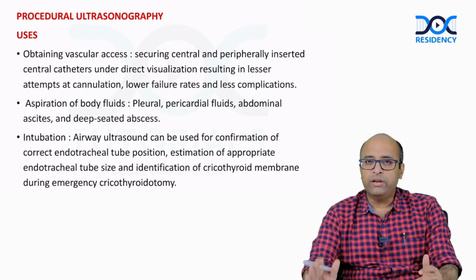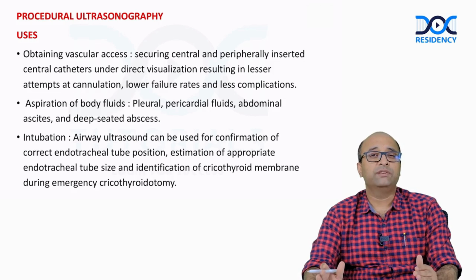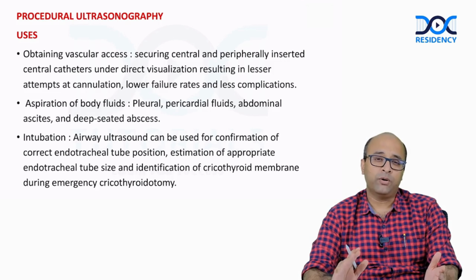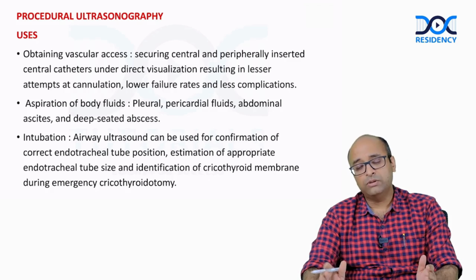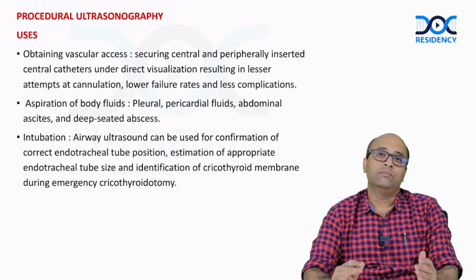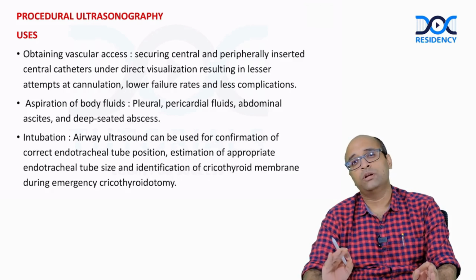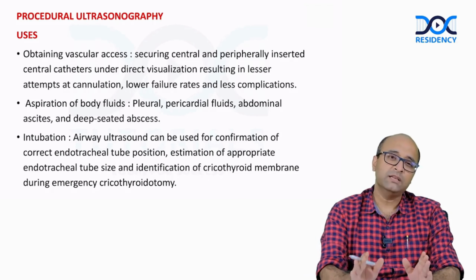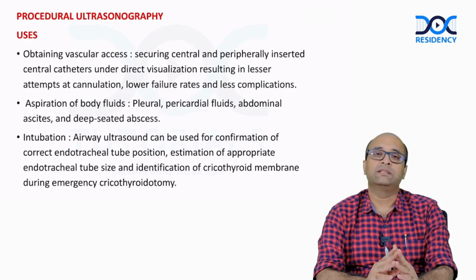So when we are in a state where as clinicians we are tied up, we obtain relevant help from ultrasound, and it also helps us in putting lines, nowadays even to put a peripheral cannula. Thus, one of the most important uses in clinical practice is to obtain a vascular access.